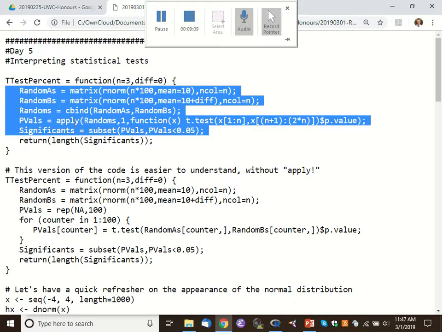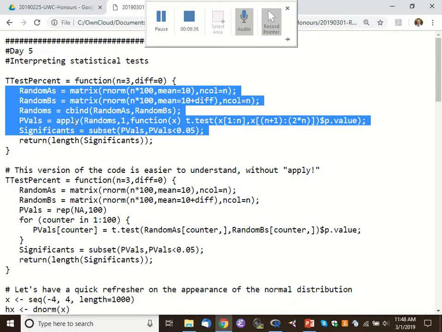Apply is one of the major gateways for accomplishing that. So the apply here is written in such a way as to grab out each row of this 100-row, 6-column table, and for each row, compute the t-test of the first 3 values against the last 3 values, and then store that p-value in a vector called p-vals.